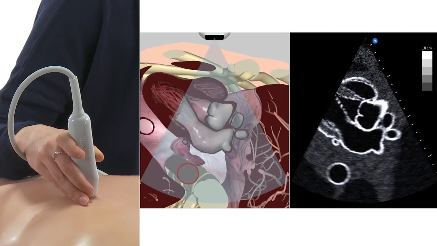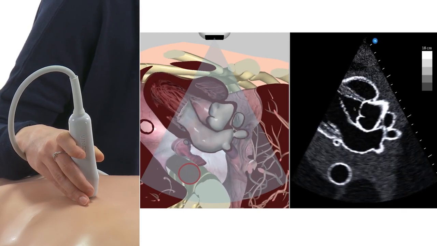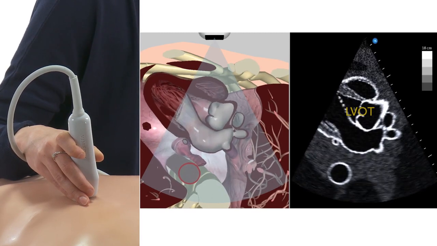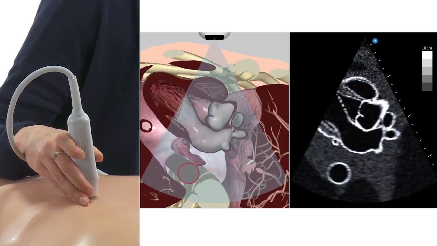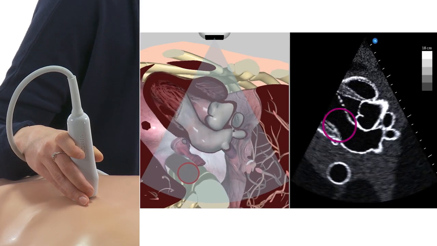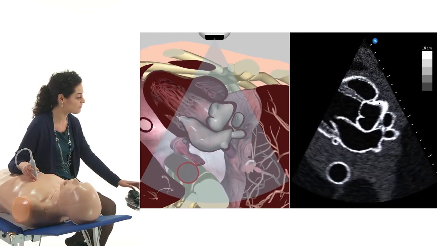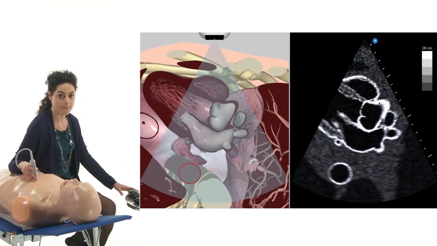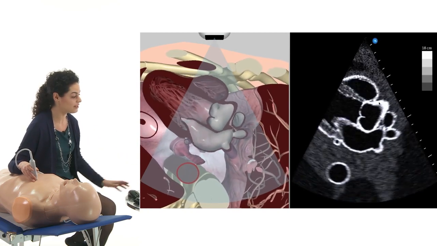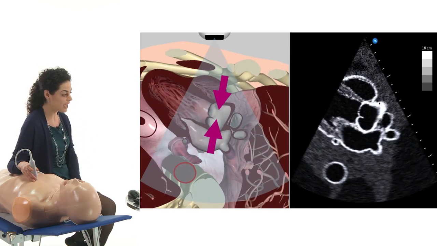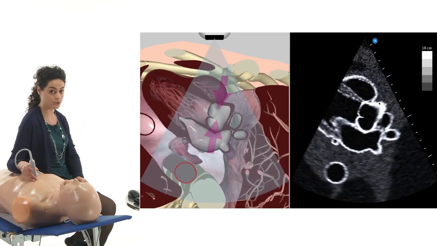We have this tract here, which we will call the left ventricular outflow tract, because it leads to the aortic valve, and here a nice visualization of the mitral valve. But now we are focusing on the aortic valve. In the anatomical part of our screen, you can understand why in this view we only see two cusps of it.